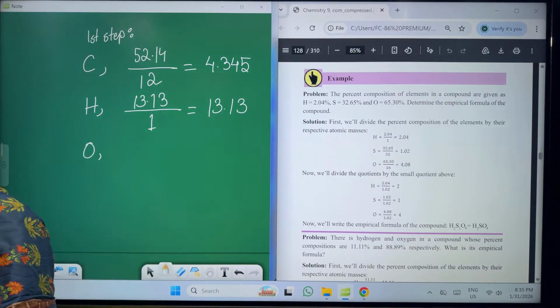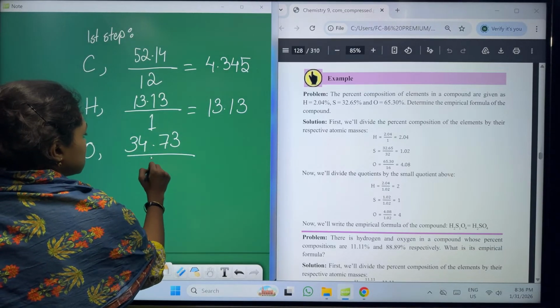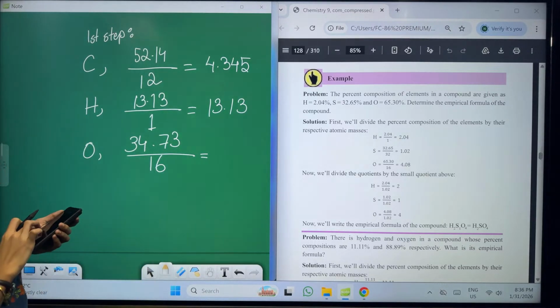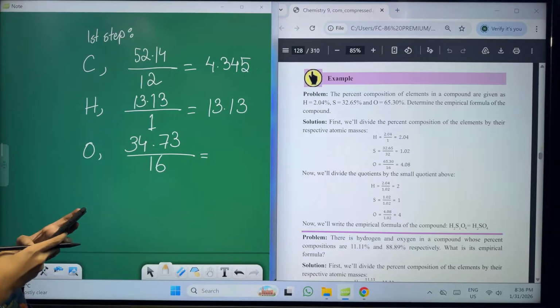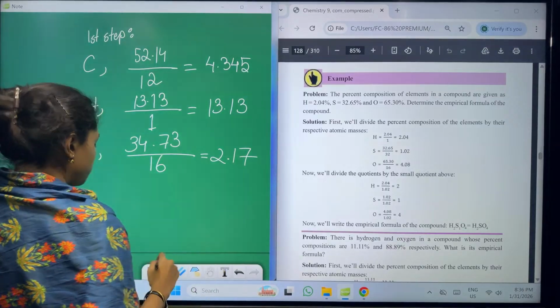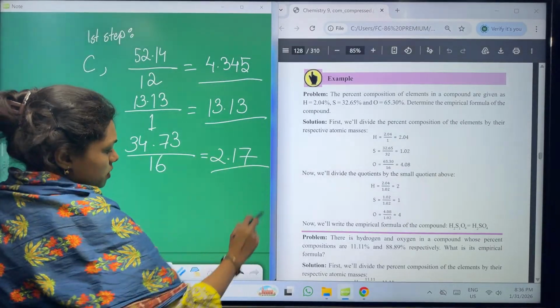And for oxygen, 34.73 divided by 16, once again the 16 is derived from the periodic table. This will give me 2.17. So these are the values obtained from step 1.